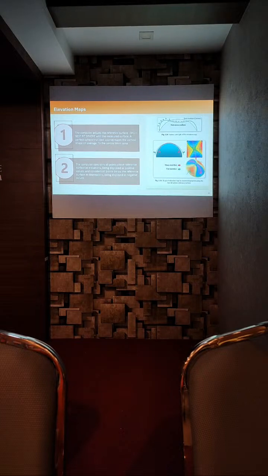Next, coming to the elevation map. What is the elevation map? Usually, for each patient, the computer will calculate a best fit sphere, which will best fit the patient's cornea. All points above the best fit sphere are given as positive.